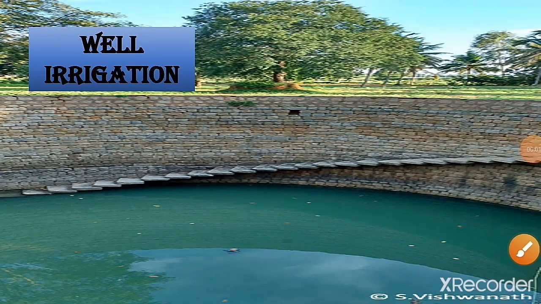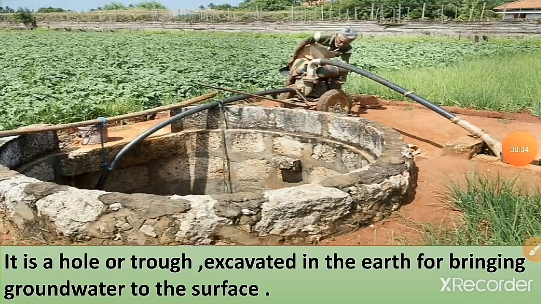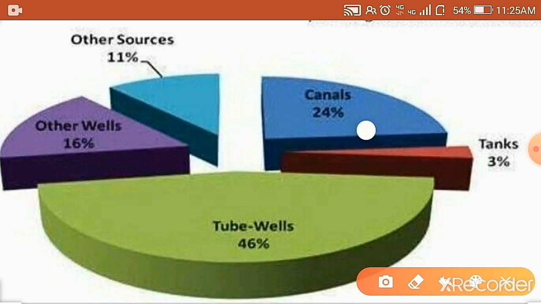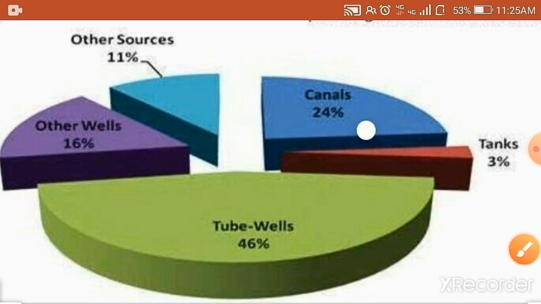Next, well irrigation. A well is a hole or trough, usually vertical, excavated in the earth for bringing groundwater to the surface. Well irrigation is the most important source of irrigation as it contributes about 62%, as tube wells and other wells, of the net irrigated area in India.